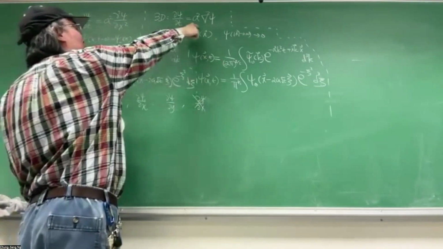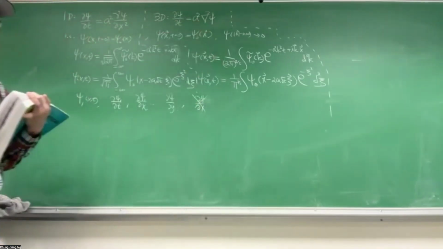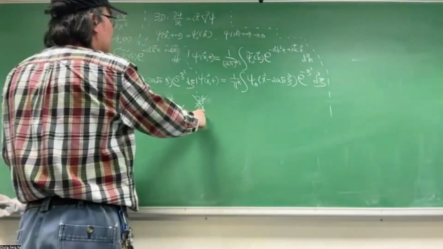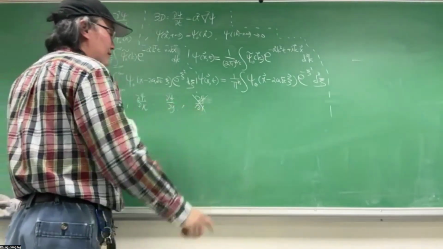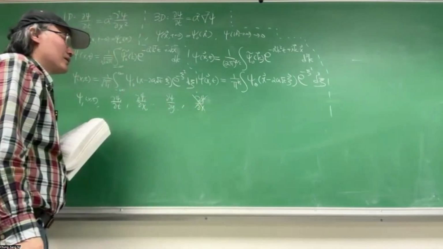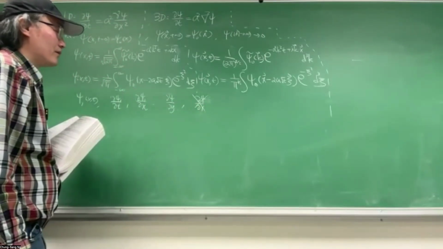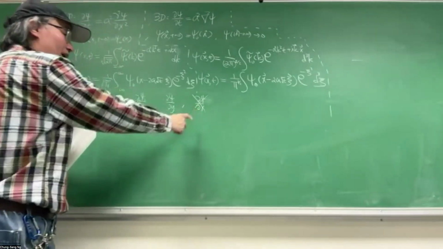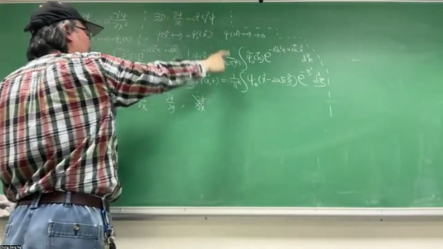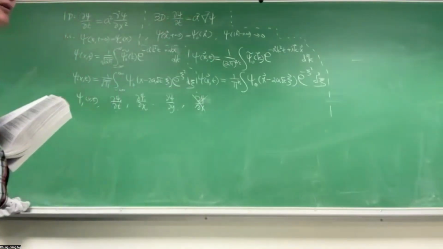Because in 3D we write the Laplacian in spherical coordinates, and the coefficient has an R dependency. So when you take the derivative over R for both sides, that will not preserve the form of the equation.